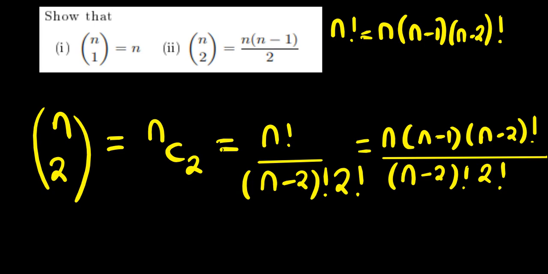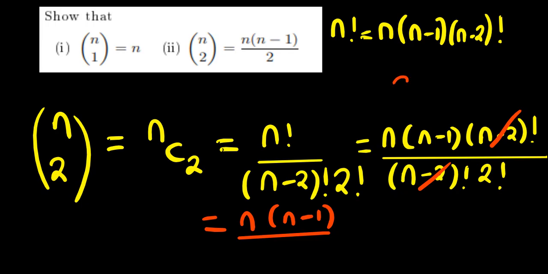Now let's solve. The n minus 2 factorial on top and the n minus 2 factorial at the bottom can divide. Then what do I remain with? On top I only have n times n minus 1, equals, down I have a 2 factorial. Now a 2 factorial is just the same as 2 times 1, which is just a 2.